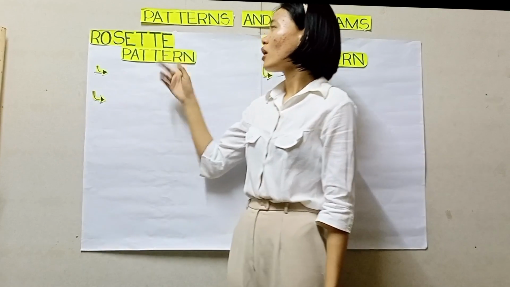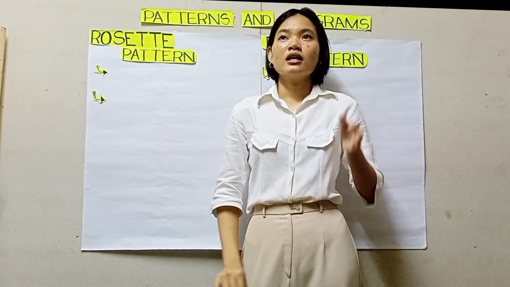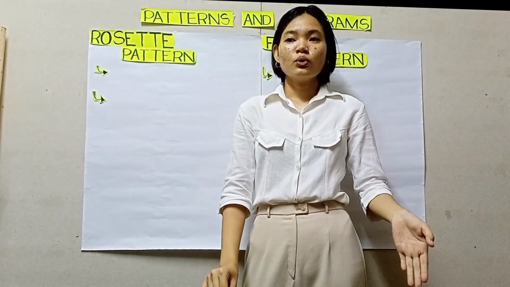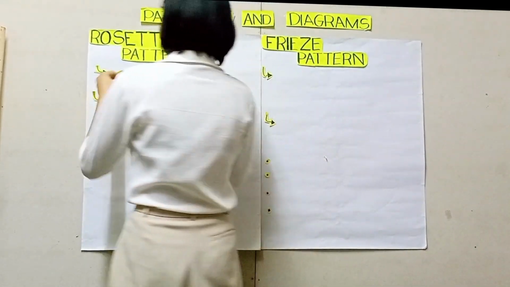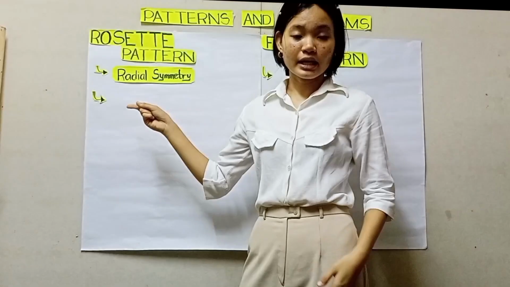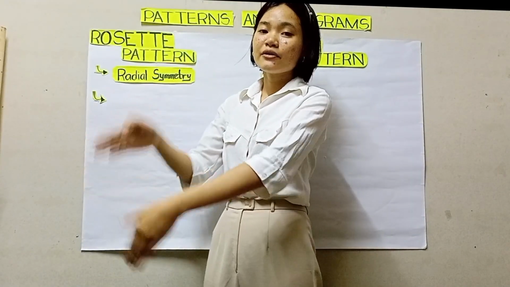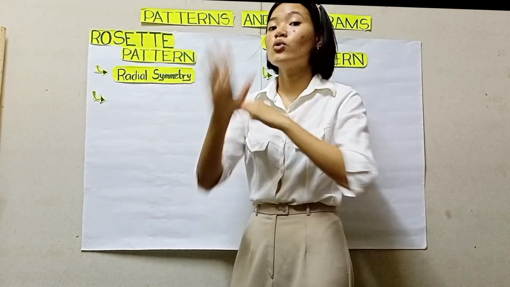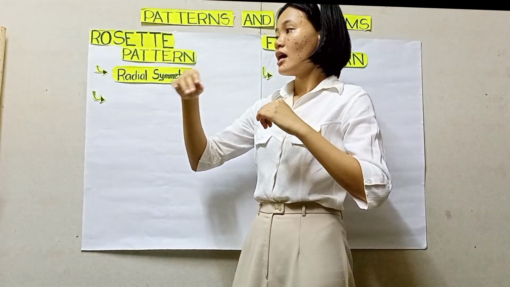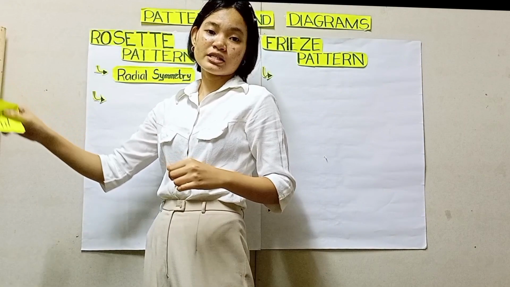When we talk about Rosette pattern, it showcases radial symmetry. Radial means that there is a center point and all of its lines go outward.